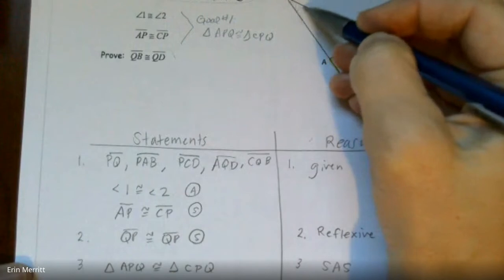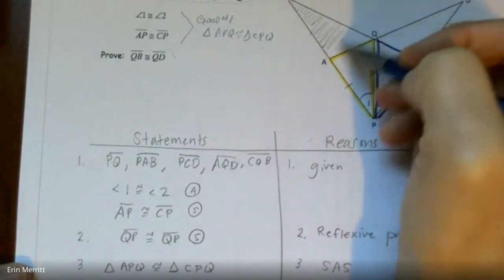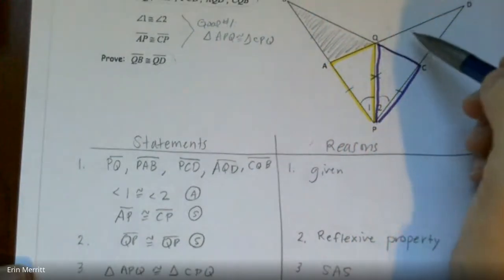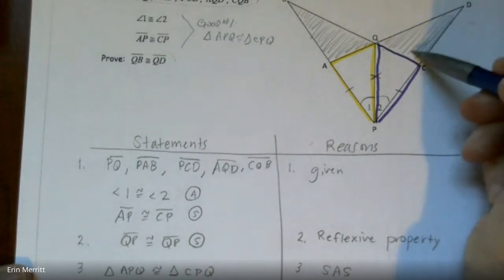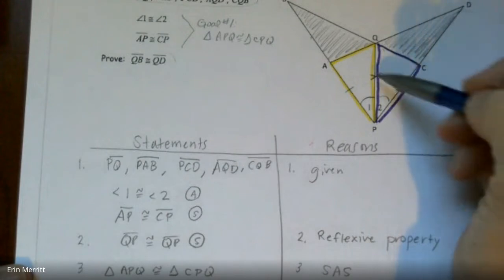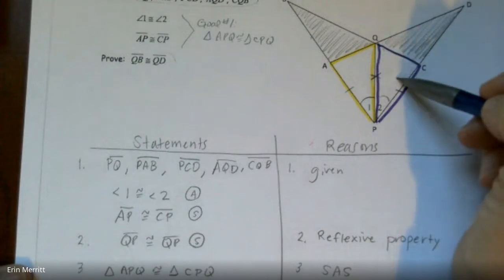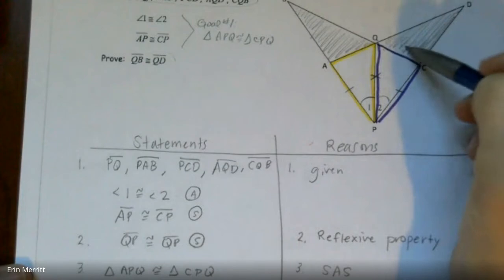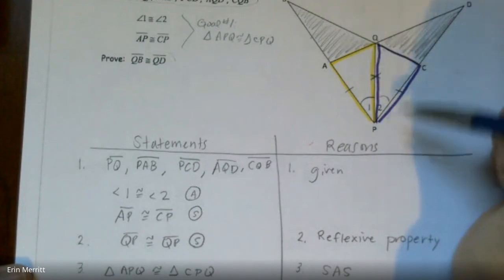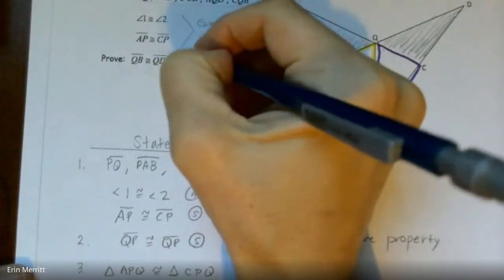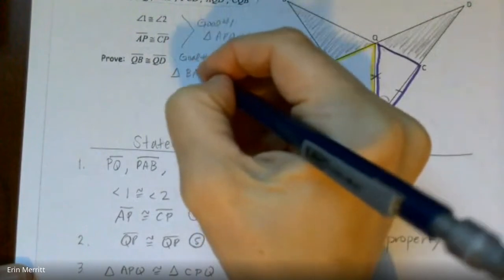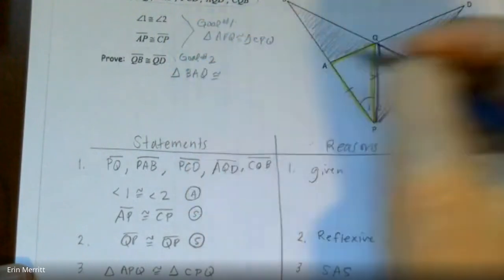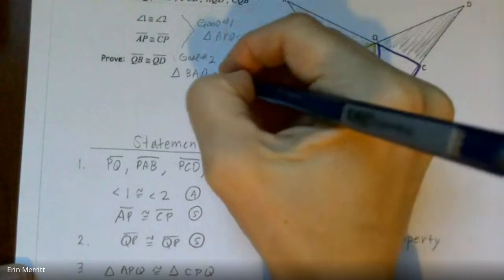So I'm going to shade in this triangle up here. And then QD is part of this triangle up here. I want to make that our goal. So we want to think about how we can use what we've done already, steal some pieces to help us work towards this. Okay. So goal number 2, let's work towards getting triangle BAQ congruent to triangle DCQ.